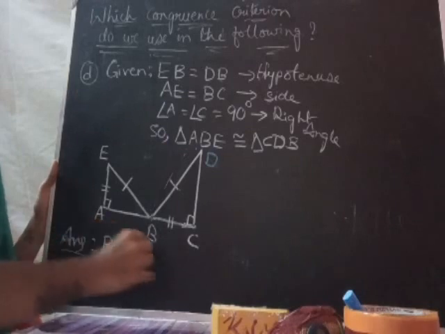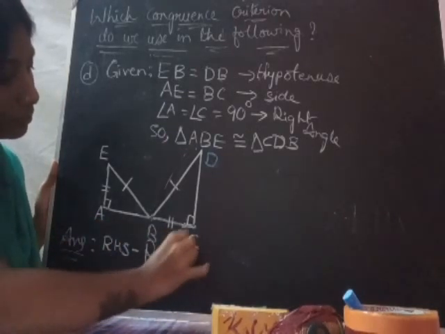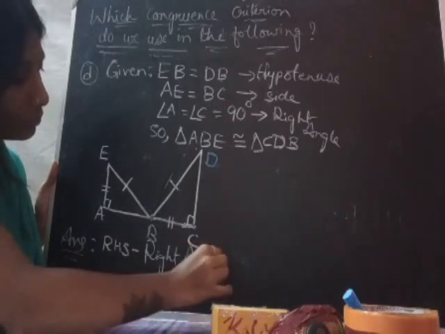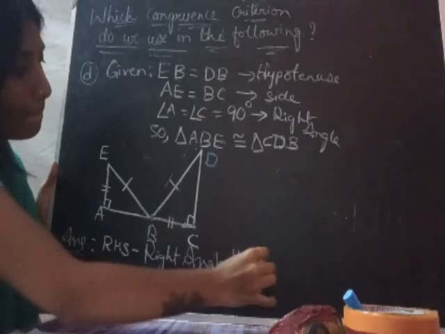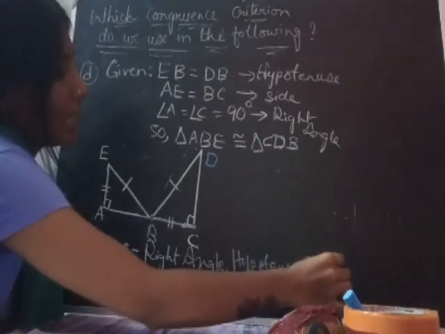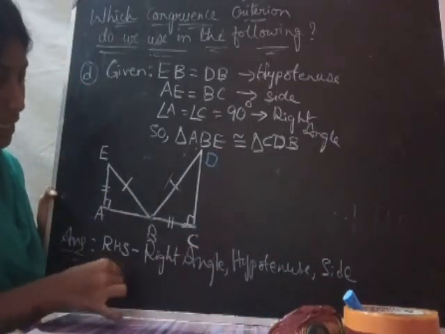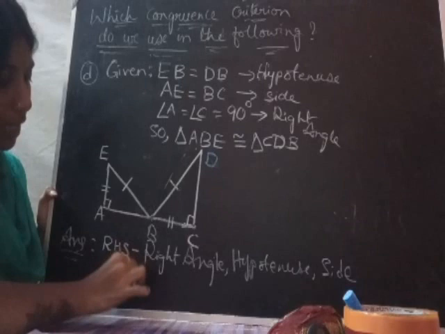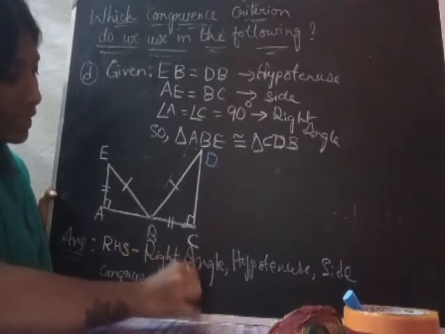RHS stands for right angle, hypotenuse, side congruence criterion.